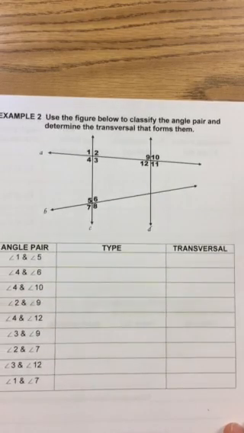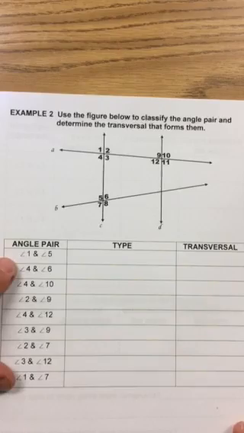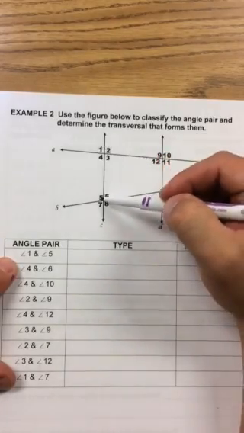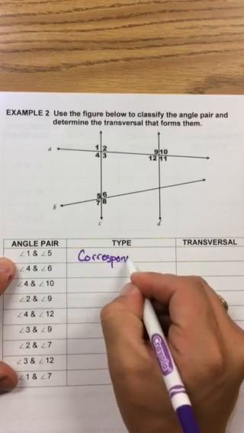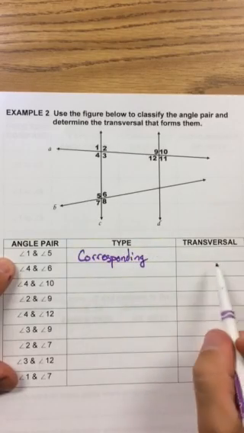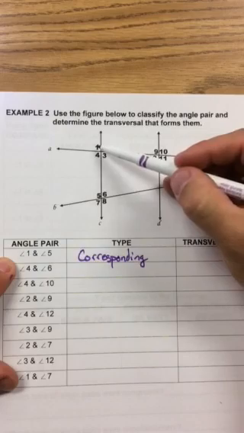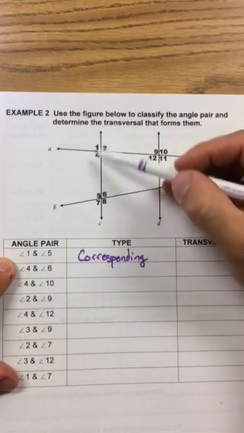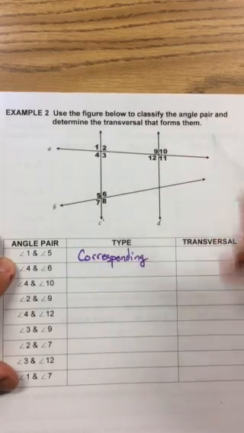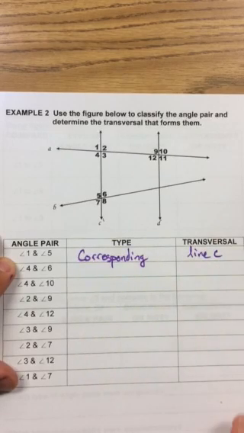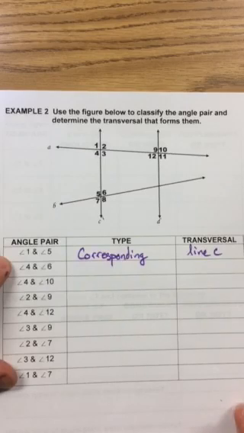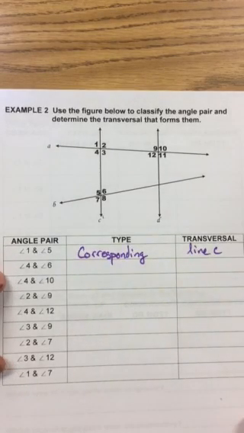So you're going to tell me angle 1 and angle 5 in this case would be corresponding. And the transversal that 1 and 5 both touch would be line C. So go ahead, pause the video for just a moment, and try the rest of these examples using the definitions we just completed.